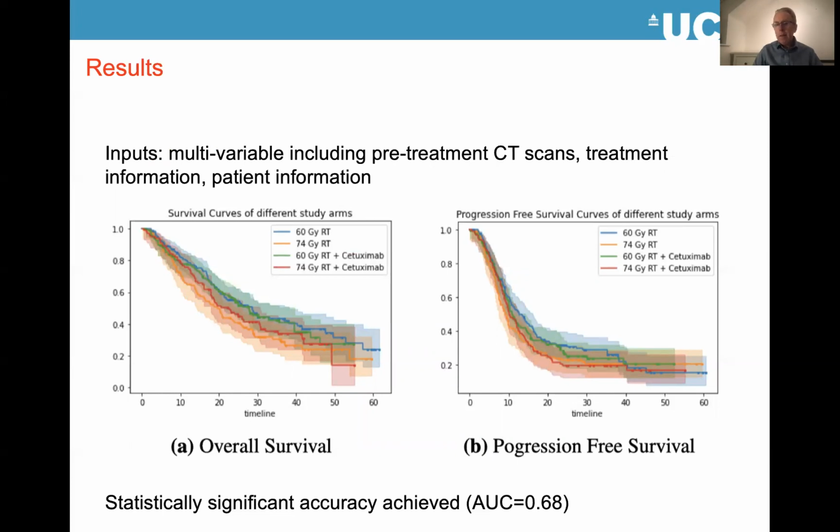And we've made our own predictions and compared with the trial data. Where we are at the moment, we have statistically significant accuracy of just under 0.7. But with more data, we would expect this again to gradually rise.